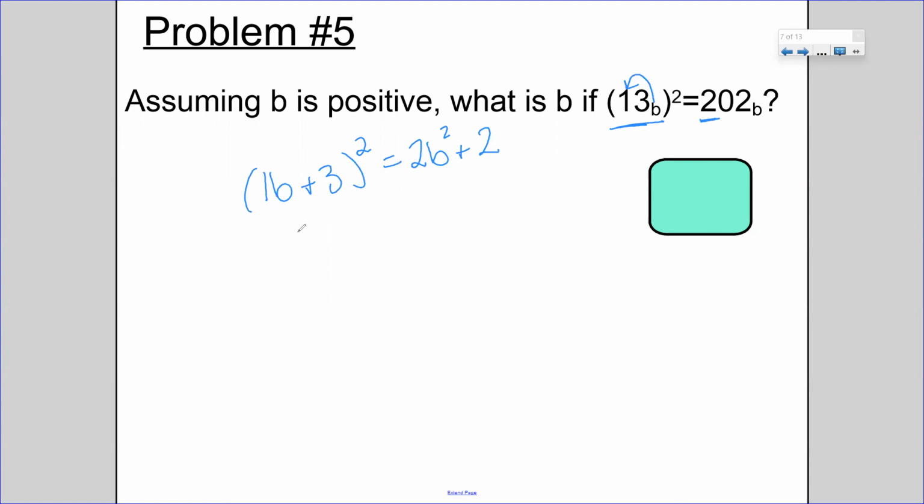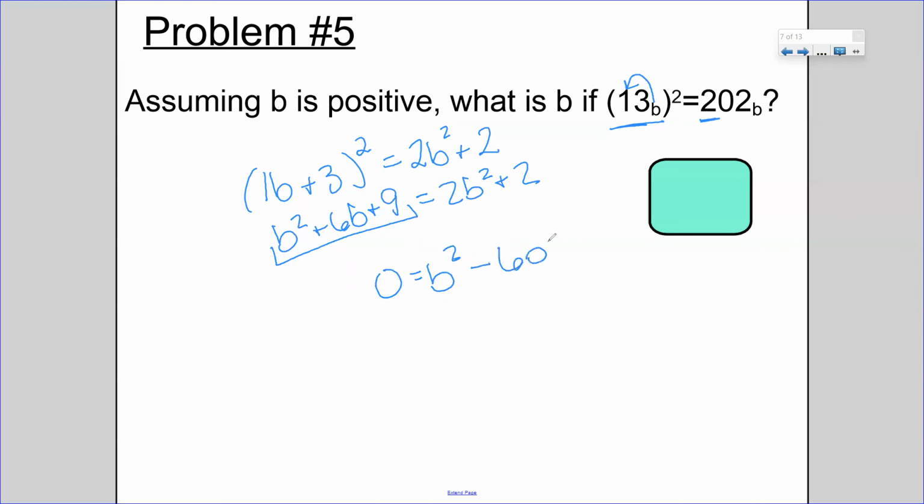So I can still double distribute, or multiply that out however you'd like to, and get B squared plus 6B plus 9 equals 2B squared plus 2. If we want to subtract the left side over so we can use the zero product property, that would give us 0 equals B squared minus 6B minus 7, which factors down to B minus 7 and B plus 1 equals 0.